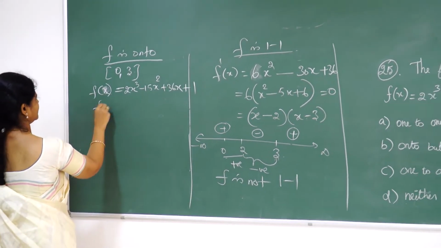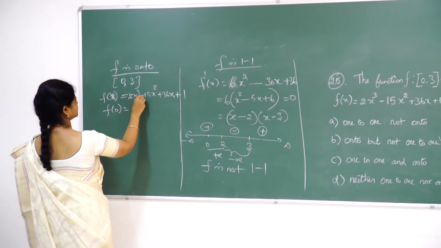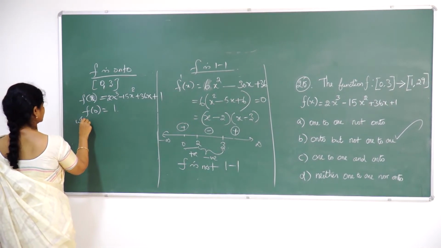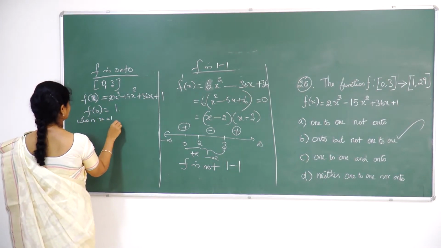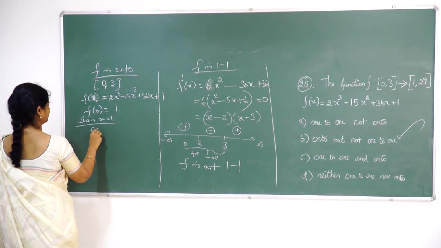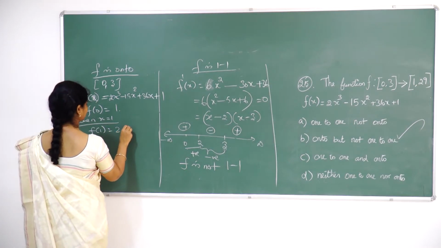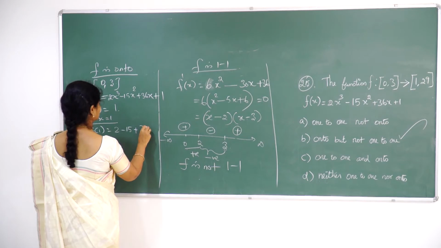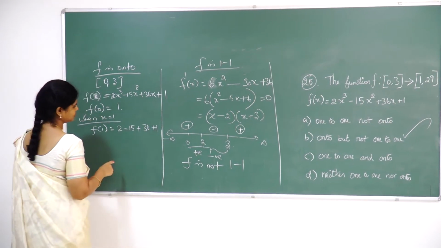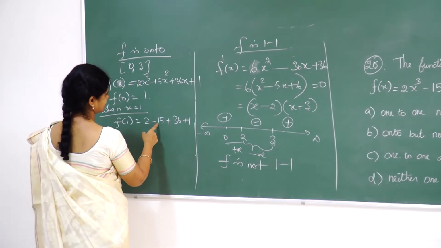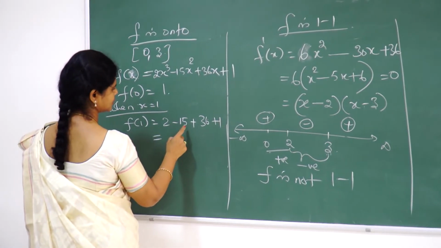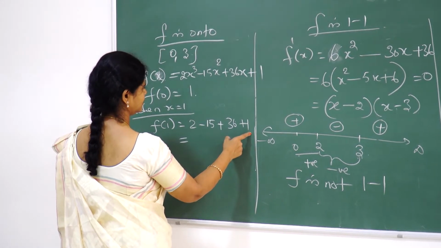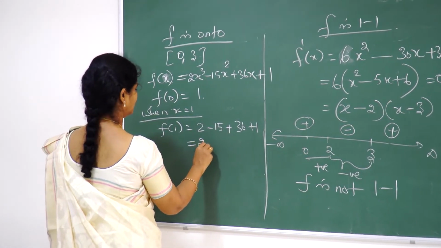So when you substitute x equal to 0, you get f of 0 equal to 1. Similarly, when you substitute x equal to 1, you get f of 1 equal to 2 minus 15 plus 36 plus 1, so this is 24.